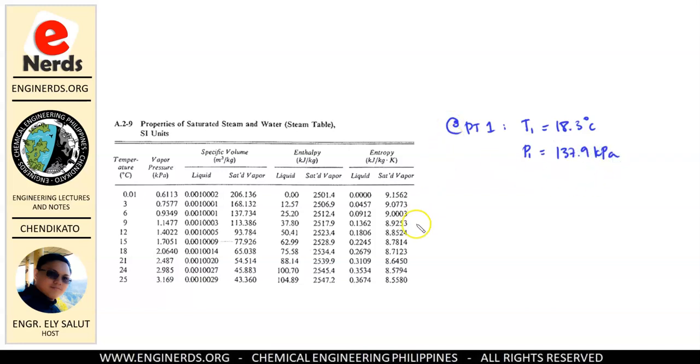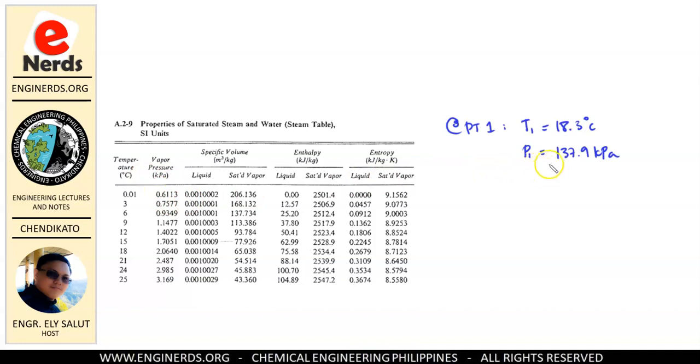So, kung titignan natin itong ating steam table, makikita natin sa Appendix A.2-9 ng same book, yung Transport Processes and Unit Operation by Christie Geankoplis, makikita natin dito that in our temperature, which is 18.3, which is between this, our vapor pressure is just around 2.4, or 2.06, just around that value, but in kilopascal.